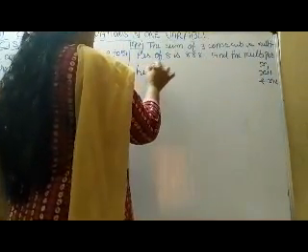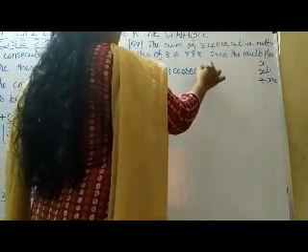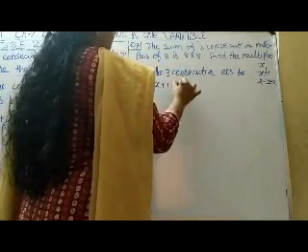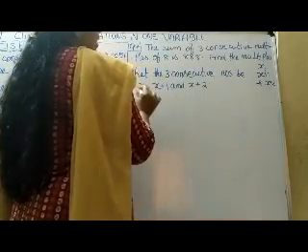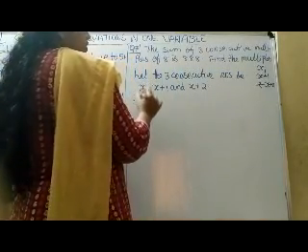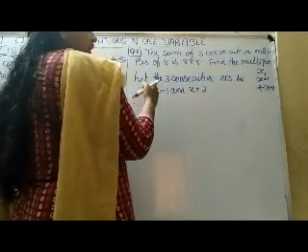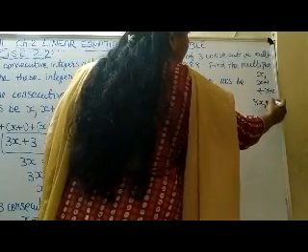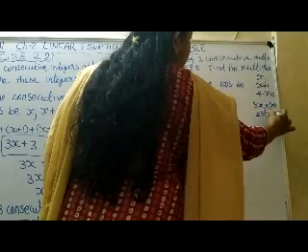So let the three consecutive numbers be x, x plus 1 and x plus 2. Therefore, for three consecutive multiples of 8, we multiply each number by 8. So we get 8x, 8 into x plus 1 and 8 into x plus 2.